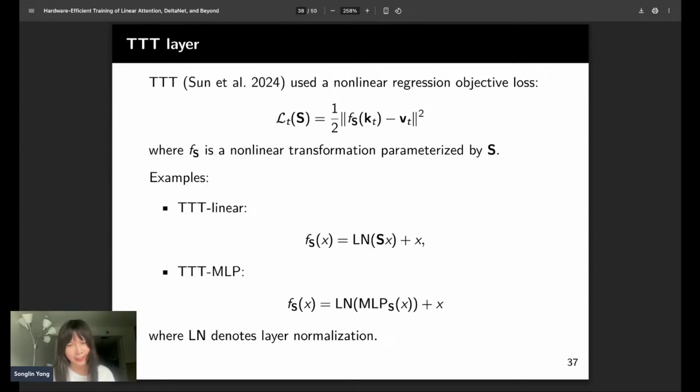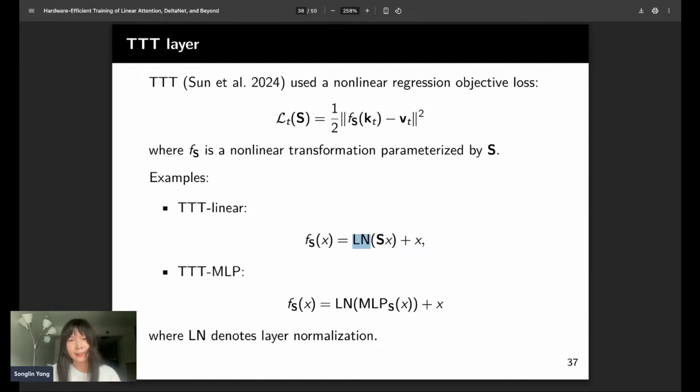For example, in the TTT layer, they have several variants. And this f_W is a nonlinear transformation parameterized by the recurrent hidden state. So this recurrent hidden state is the fast weight of another neural network, and this is also closely related to the fast weight programming literature. The first variant is the so-called TTT-Linear, and it is very similar to DeltaNet, except that the output is followed by a layer norm nonlinear function.